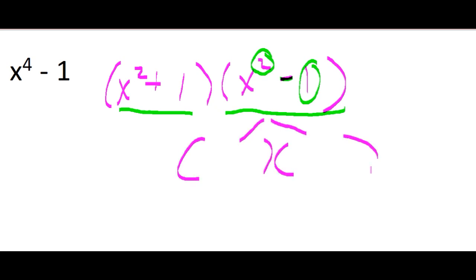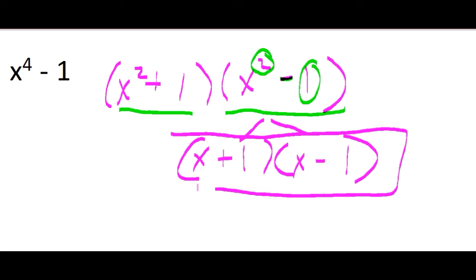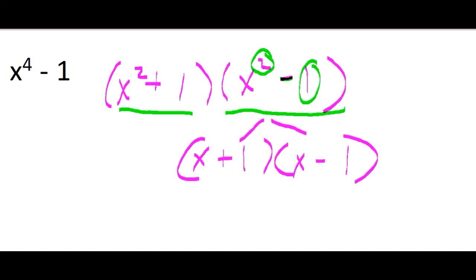Again, dalawang open and close parenthesis, plus and minus. The square root of x squared is x. The square root of 1 is 1. Kulang pala yan. Dadagdagan pa natin. Bring down na lang natin yung unang sagot na x squared plus 1.